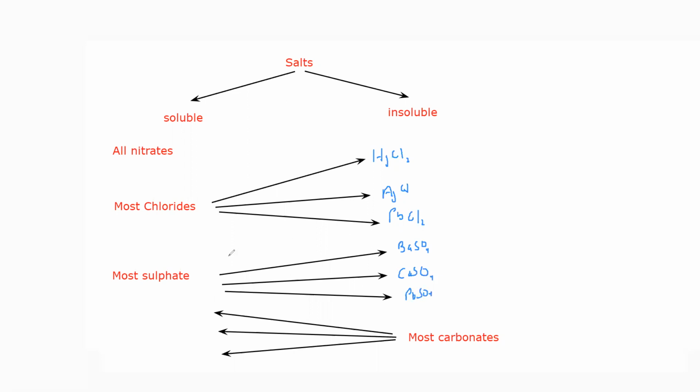Most carbonates are insoluble except potassium, sodium, and ammonium. So these are the carbonates which are soluble. Other carbonates are insoluble. This is a table which you have to learn or memorize.